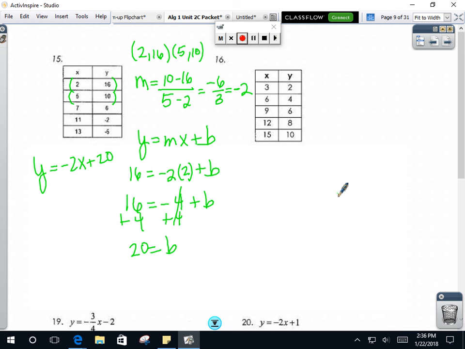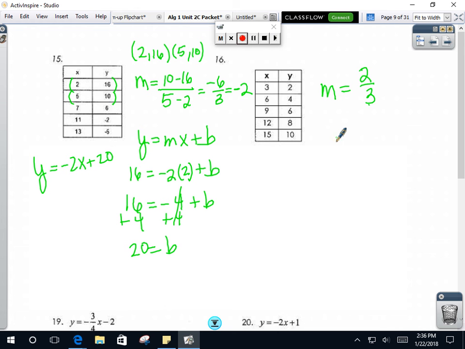Okay, now let's try number 16. Do you need to pick 2 points, or can you? No, there's a pattern. 2 over 3. You've got to remember, if you're going by pattern, the y number is the top number for rise, and the x is going on the bottom for run. Okay, the y's are increasing by 2, the x's are increasing by 3, so 2 over 3.